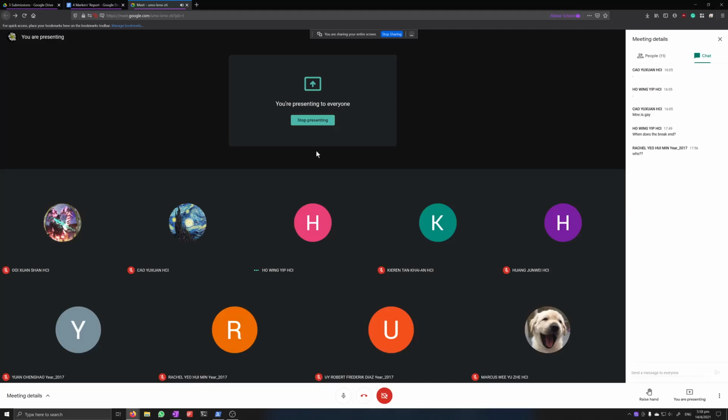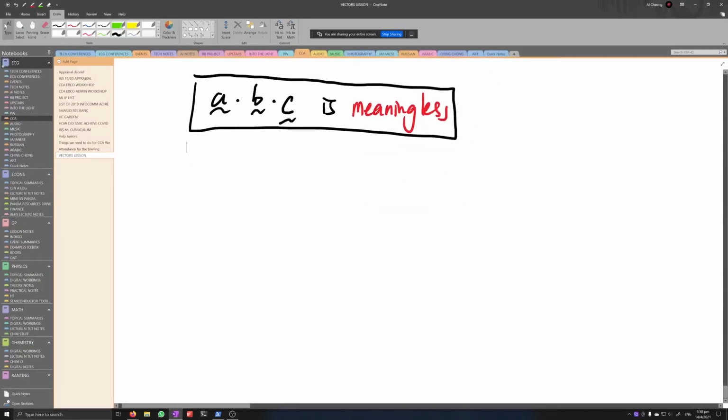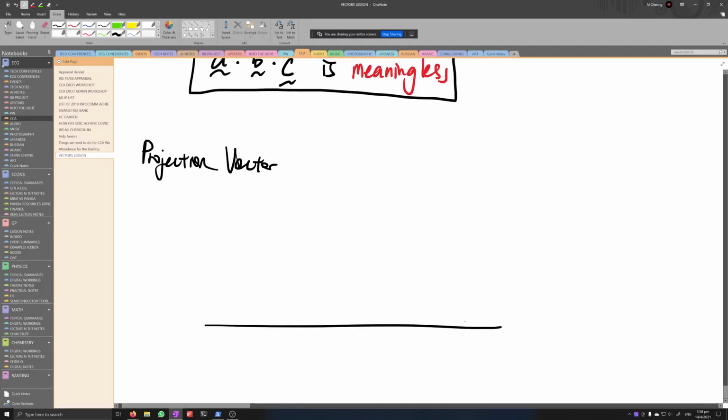Okay, so now we're going to go over the concept of projection vector. Let's say that we have a line here. Let's call this a direction vector called D. Here we have the origin O. Here we have a point N, and right above the point N, I'm going to define another point A. And I'll draw my vectors.